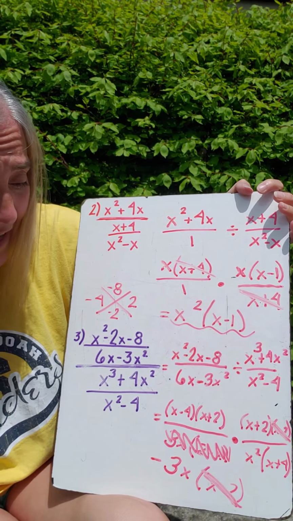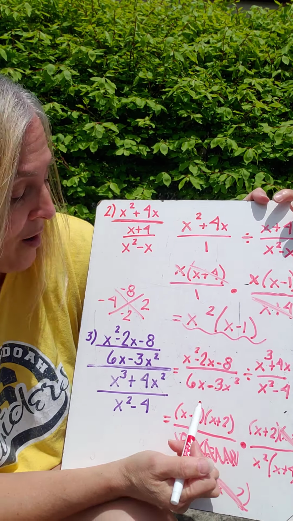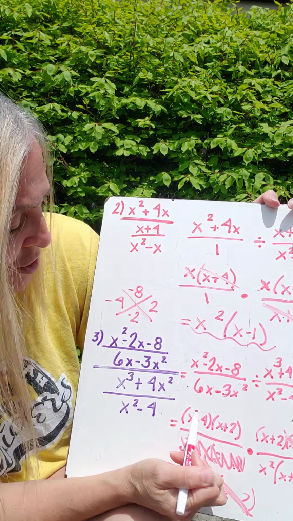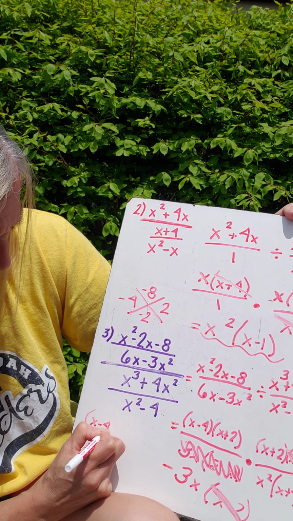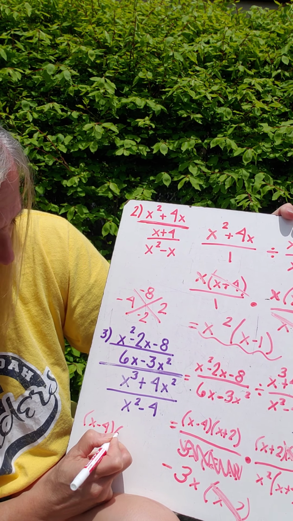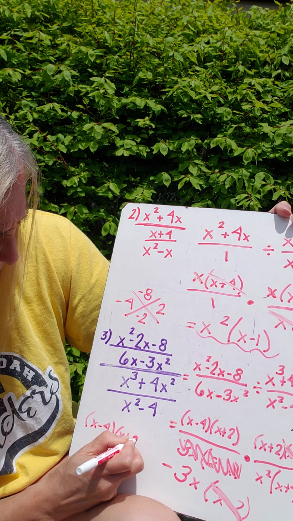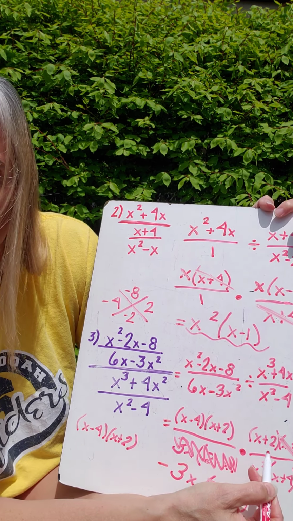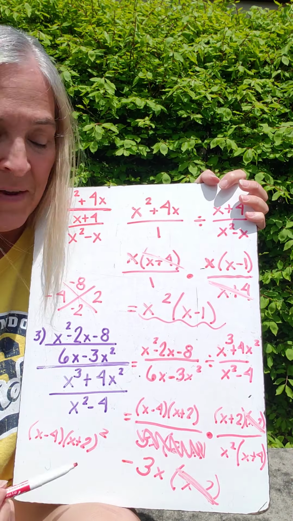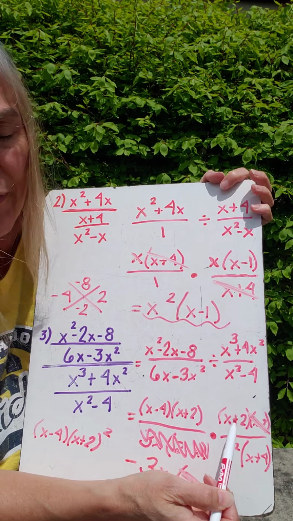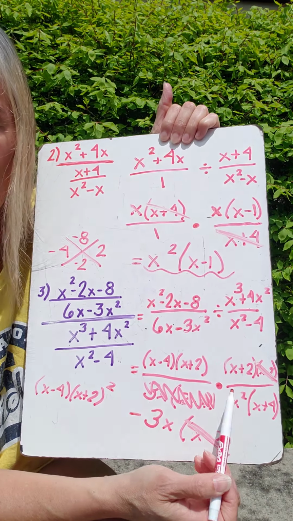But the final answer to this particular problem, we didn't get to simplify it very much, is going to be the quantity x minus 4 times the quantity x plus 2 times the quantity x plus 2. So I'm just going to square that so I don't have to rewrite it twice. But I ended up with all three of those parentheses in my numerator.